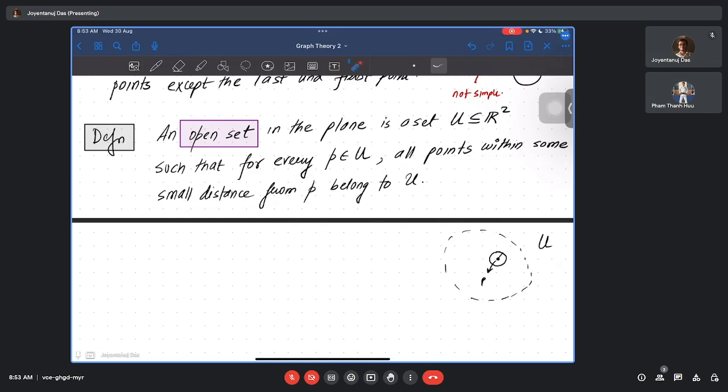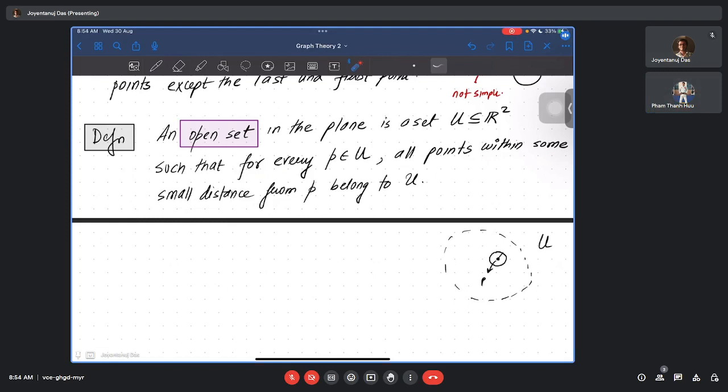I read the definition, but I'm confused about what the difference between closed and open set is in this definition.